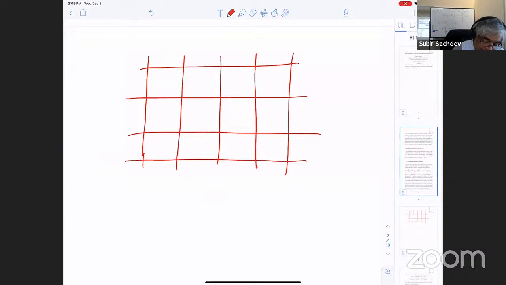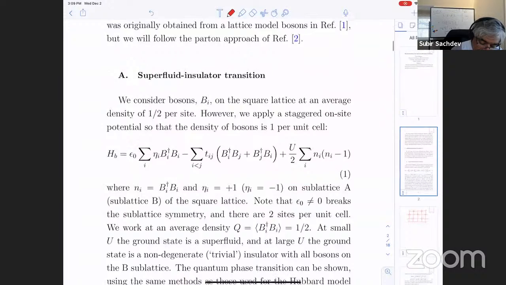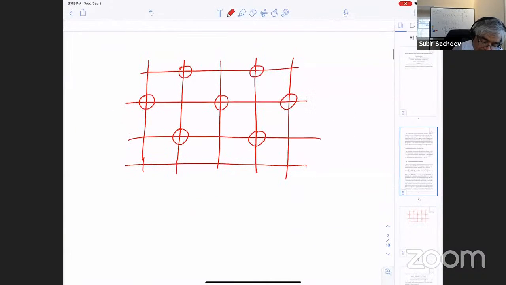So there's the A sites and then there's the B sites. These B sites have an on-site potential energy, which I called epsilon naught. So on the B sites, there's a potential energy of plus epsilon naught, and on the A sites, just to make it symmetric, there's an energy of minus epsilon naught.